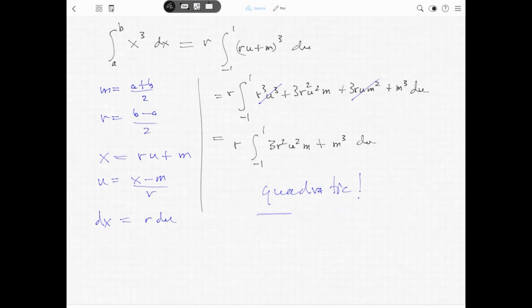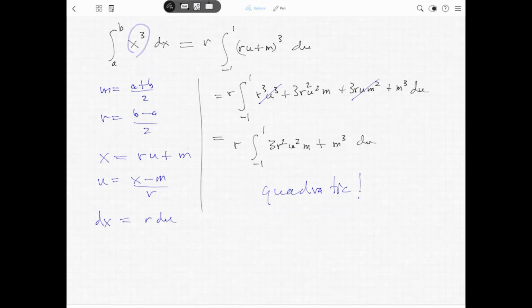Now, it shouldn't be surprising that the integral of a quadratic function can be calculated using Simpson's rule, right? We would expect that. The point is that the change of variables isn't going to confuse Simpson. Simpson can handle that. And Simpson can tell that the integral is, in essence, only a quadratic function, and therefore it does return the correct value, even though we're using a quadratic approximation on a cubic function.